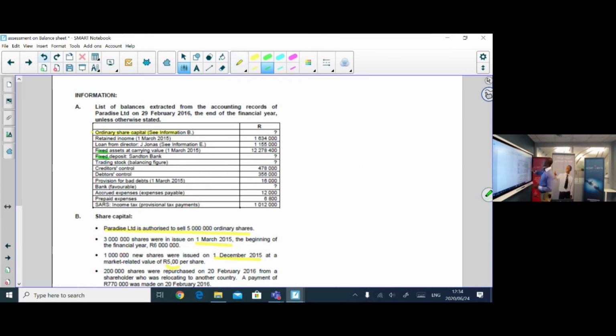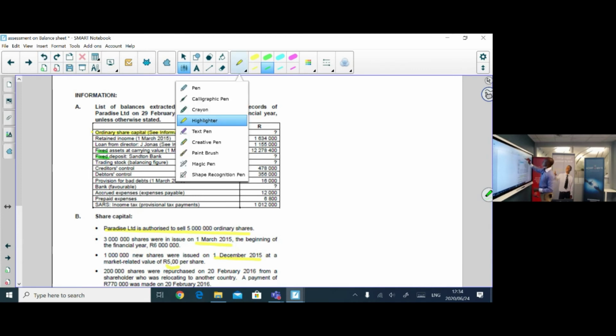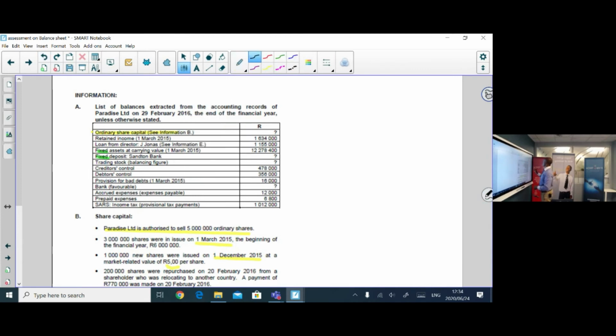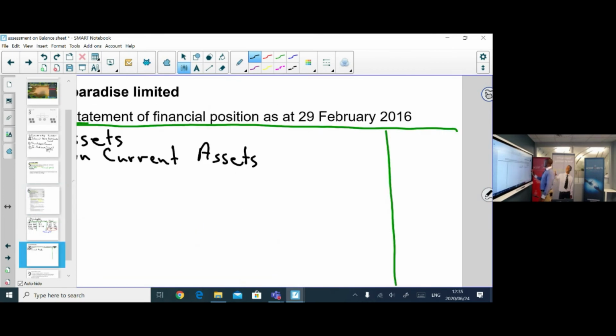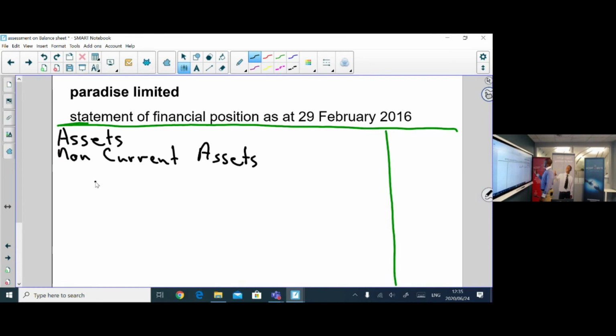So now let's take this amount and write it. Fixed deposit, okay. Fixed assets.